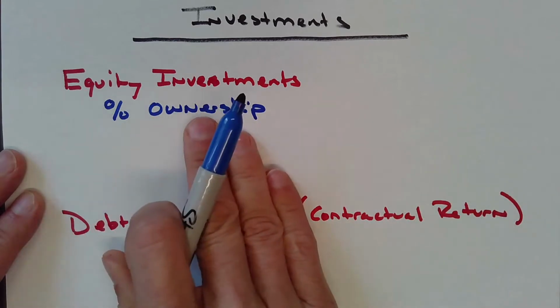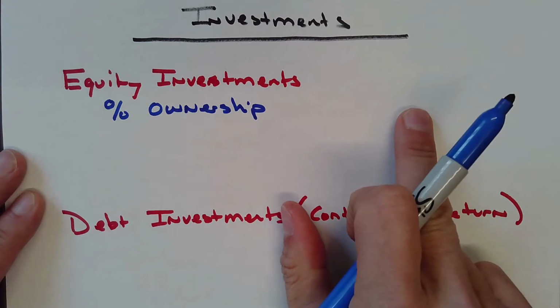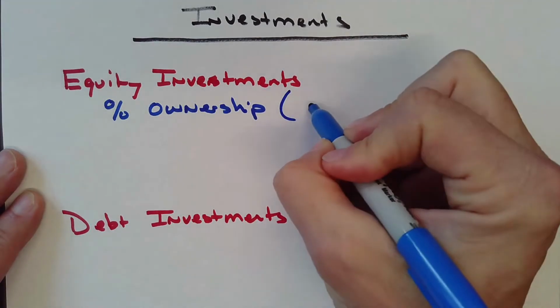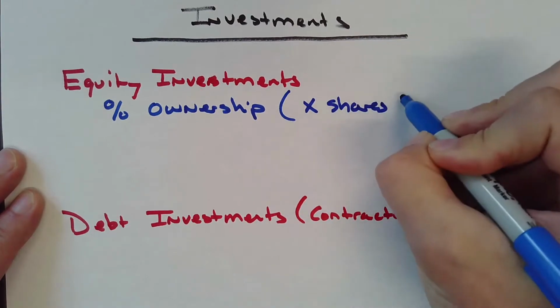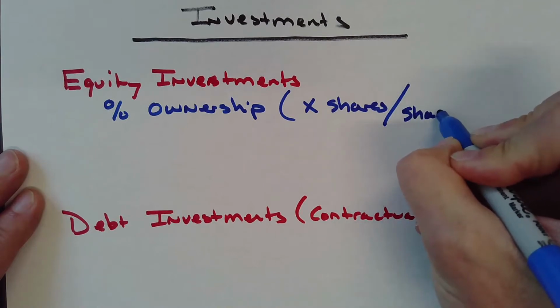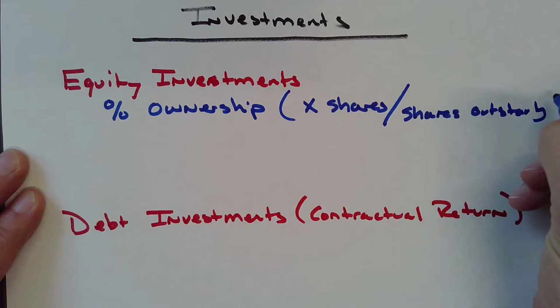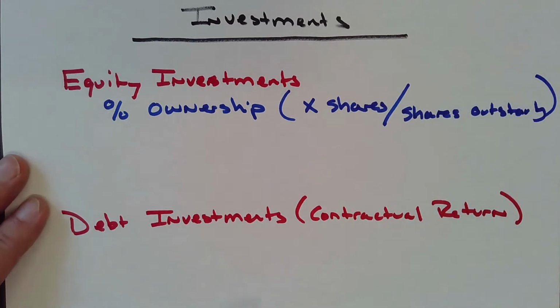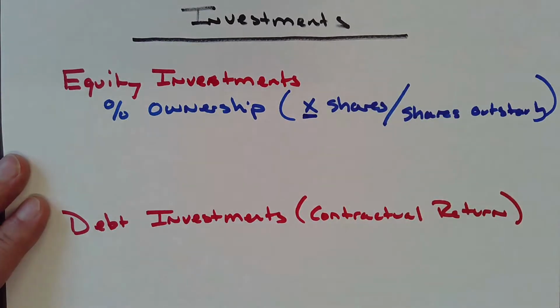It may not be spelled out in the contract, but I can at least see, of the number of shares that are issued, I own X shares over the number of shares outstanding. And that tells me what my percentage ownership is, where X is the number of shares that I purchased.